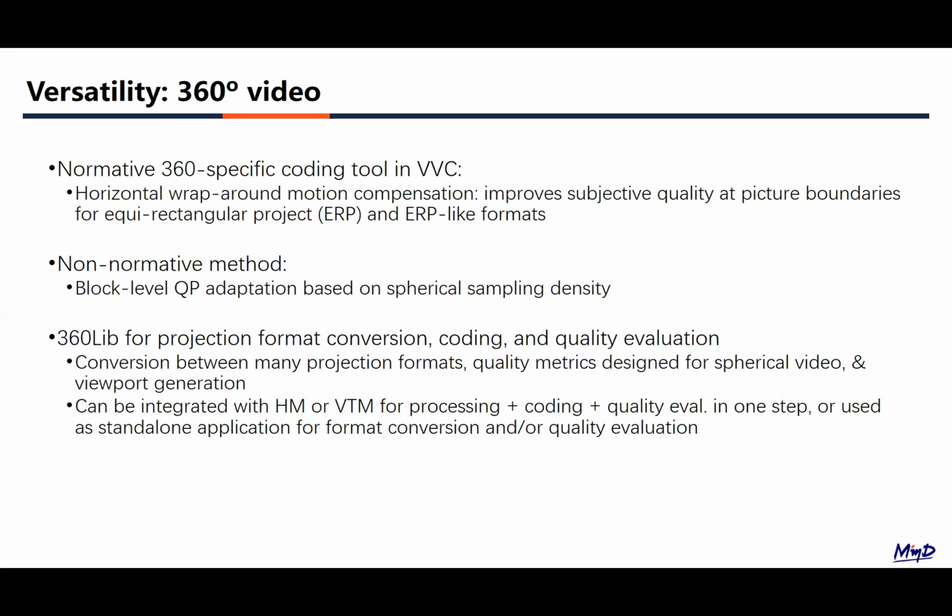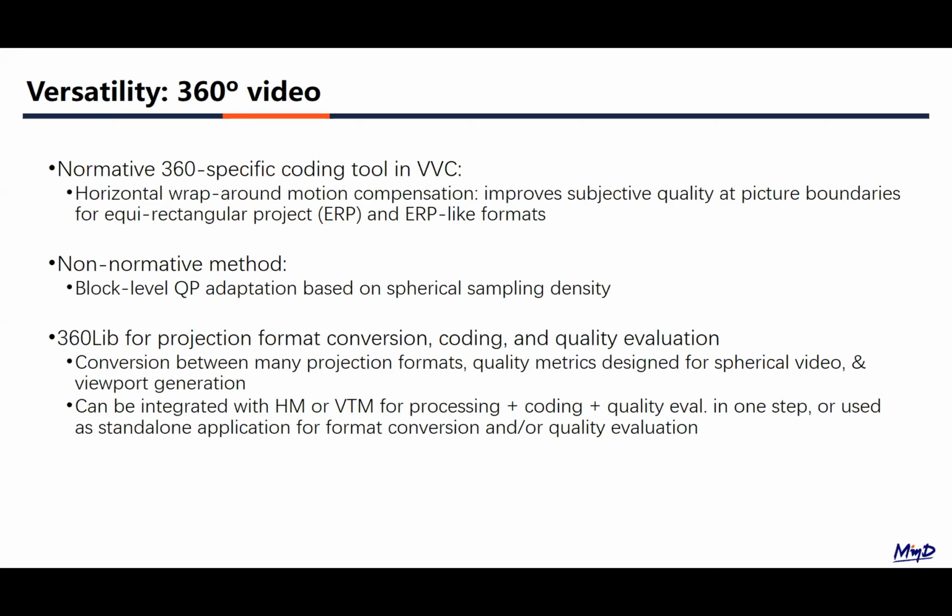Moving on to 360 video for VR applications. We have one 360-specific coding tool in VVC. That is the horizontal wraparound motion compensation. This tool mainly improves subjective quality at the picture boundaries of an ERP or ERP-like projection format.